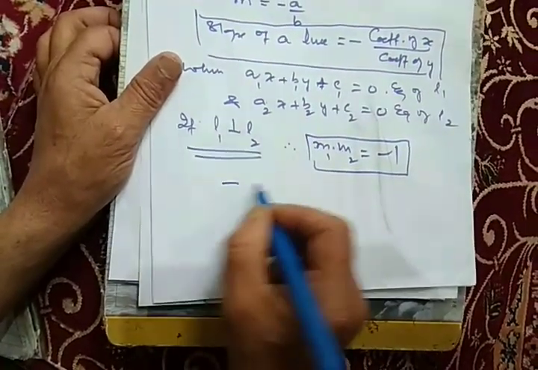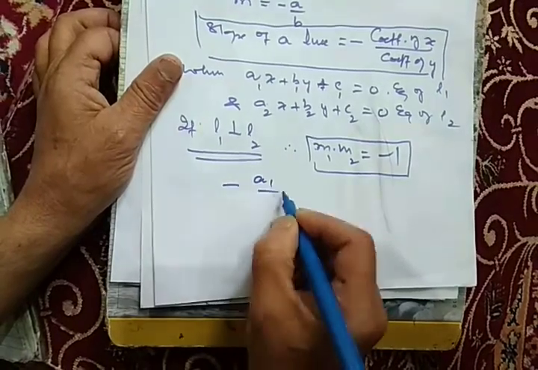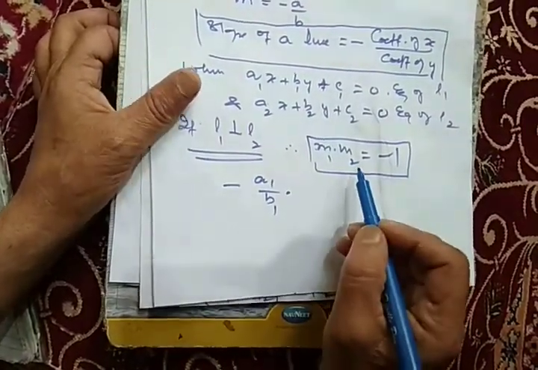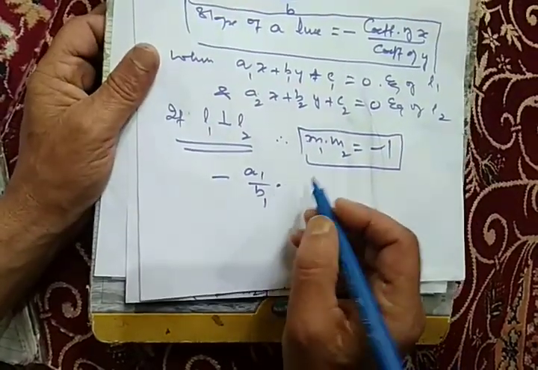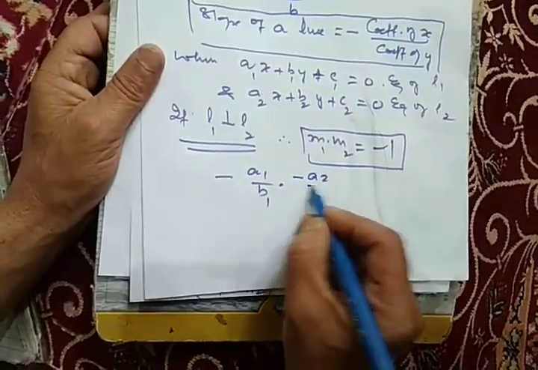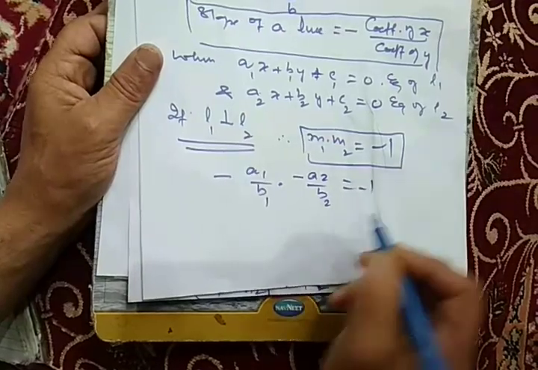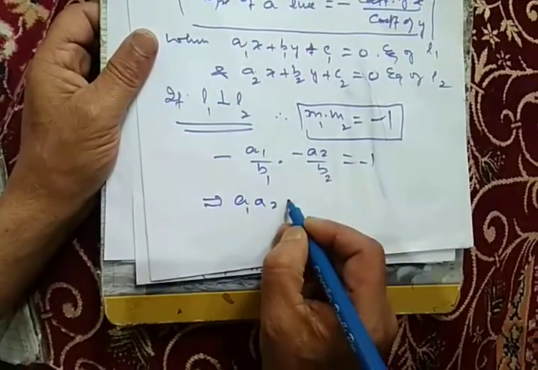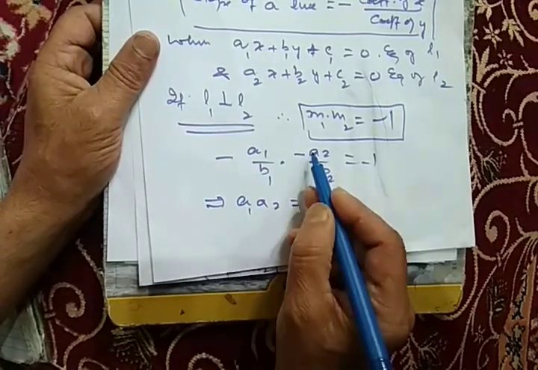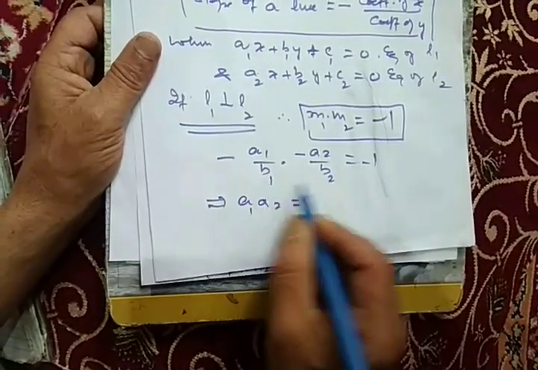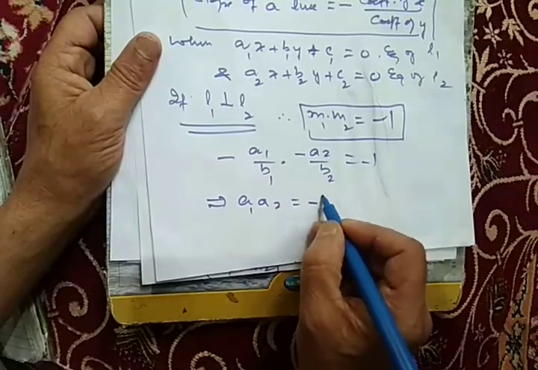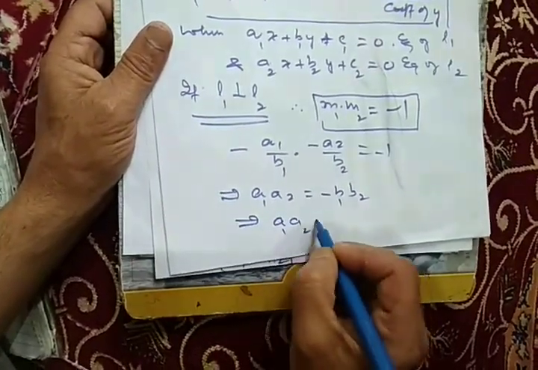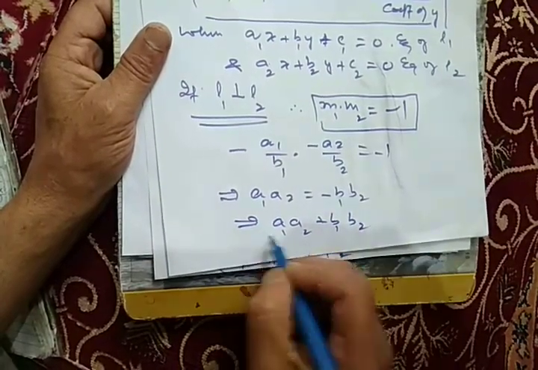That is minus times coefficient of x by coefficient of y, so a1 by b1, into the slope of the second line, that is minus times a2 by b2, and this will be equal to minus 1. Now minus minus will be plus, so a1 into a2 divided by b1 into b2 equal to minus 1, which implies that a1 a2 plus b1 b2 is equal to 0.